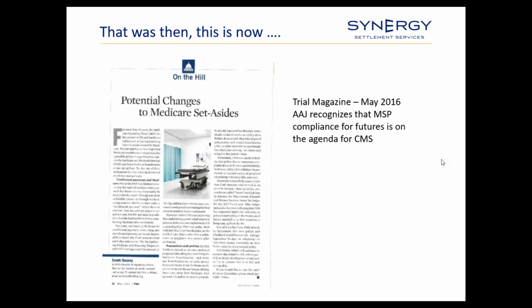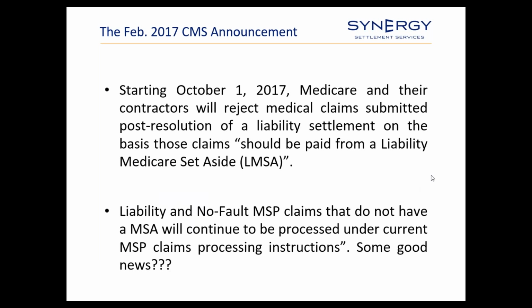Now, AAJ, the trial magazine, recognized that MSP compliance with futures is on the agenda for CMS. They put their article out in May of 2016. In February 2017, a CMS announcement came out that said that October 1, 2017, Medicare and their contractors will reject medical claims when there was a liability settlement, and all of those should be paid from an LMSA.